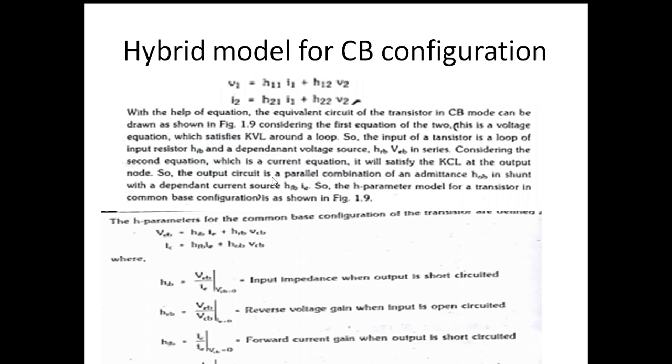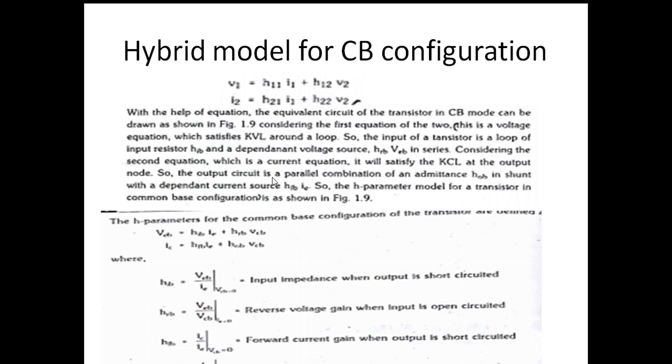With the help of these equations, the equivalent circuit of the transistor in common base mode can be drawn as shown in the figure in the next slide. Considering the first equation, V1 is a voltage equation which satisfies Kirchhoff's voltage law around the loop.